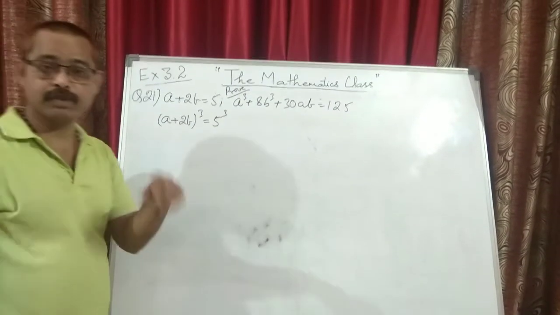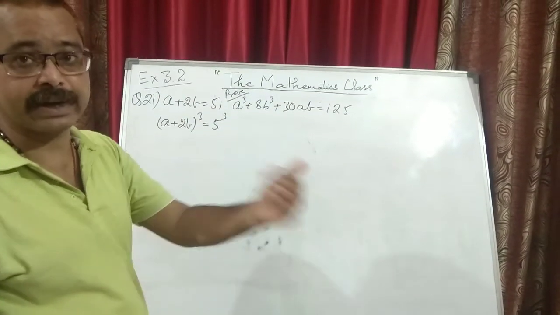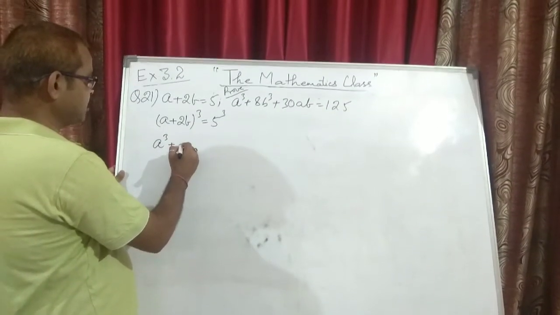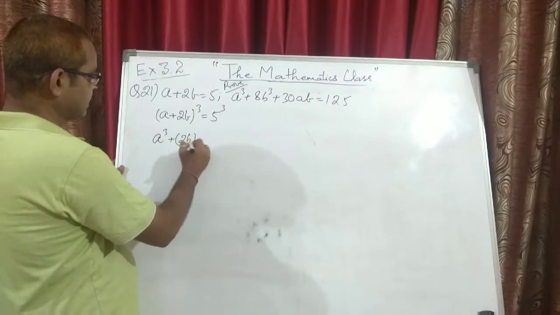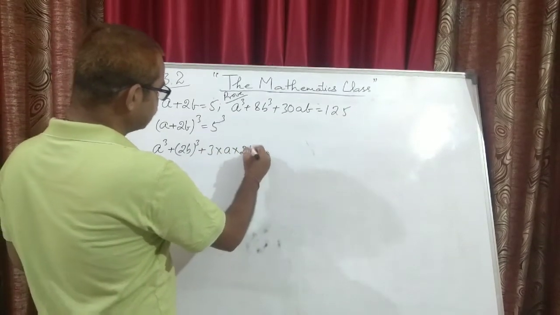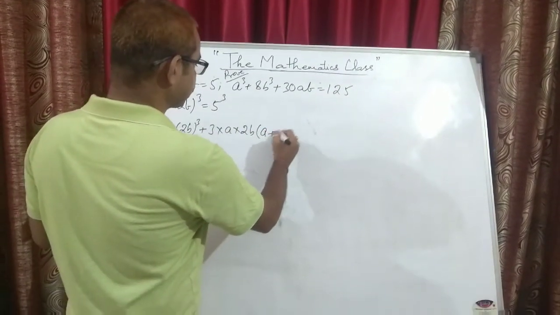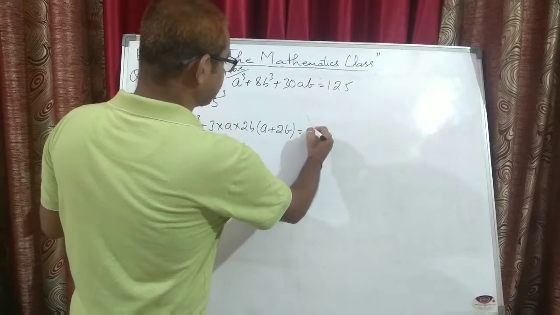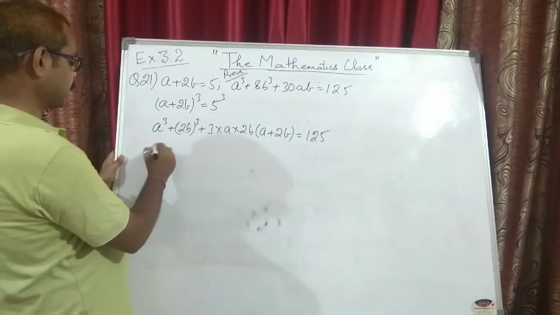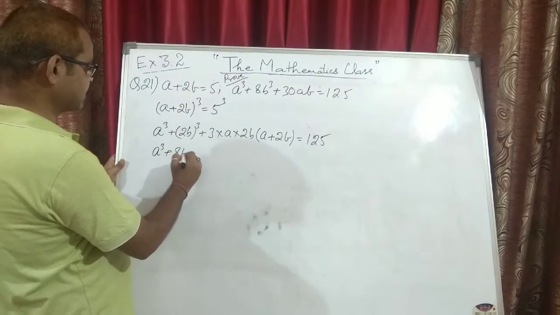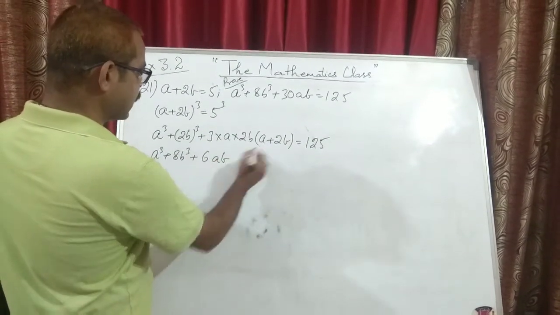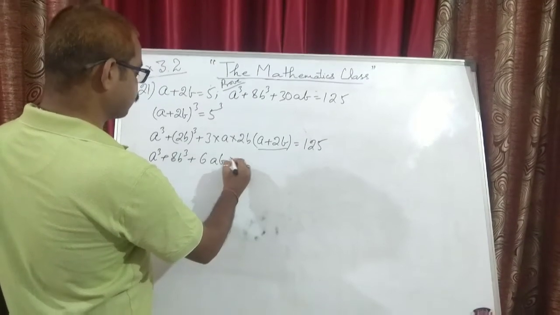Now (a plus b) whole cube is what? A cube plus b cube plus 3ab (a plus b). So that is what we are going to use. A cube plus b cube plus 3ab into (a plus b) is equal to 5 into 5 into 5, which is 125. Now this will become a cube plus 8b cube plus 6ab, and a plus 2b can be written as 5.